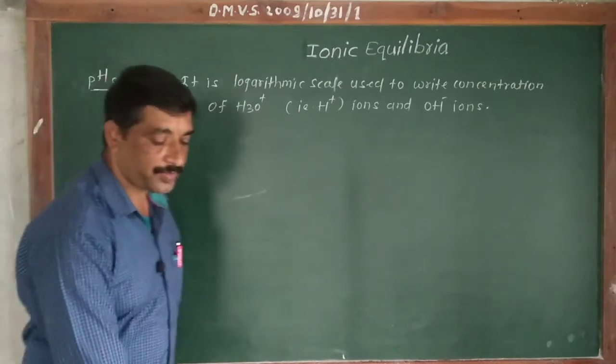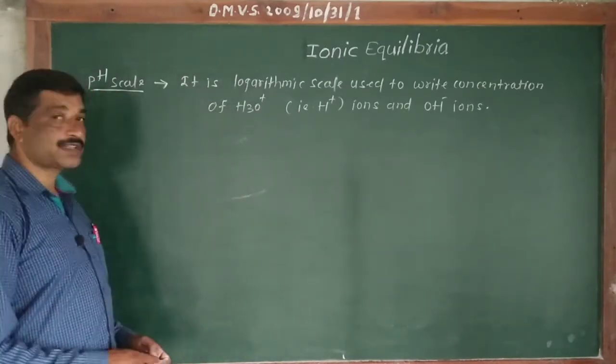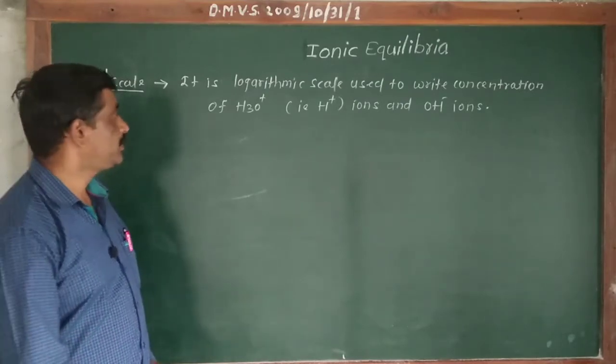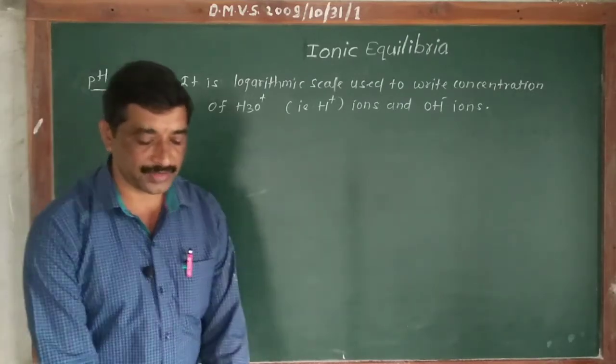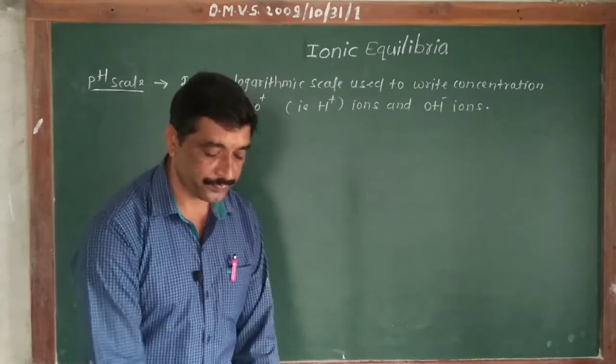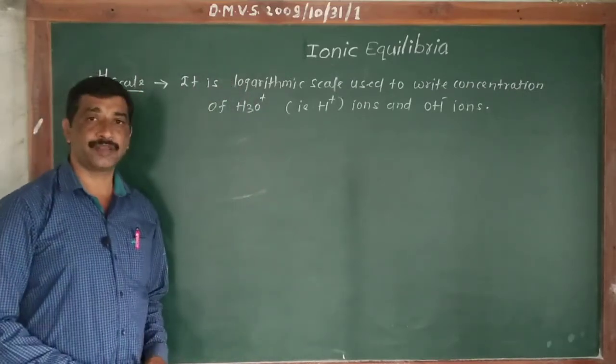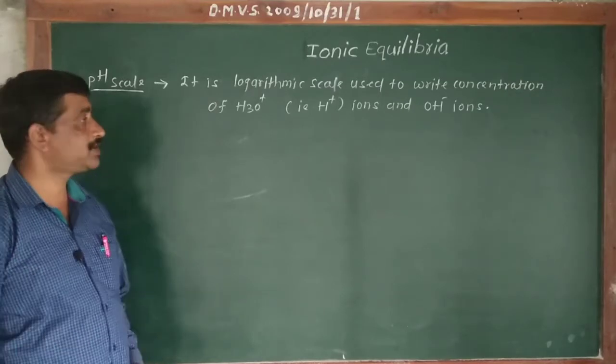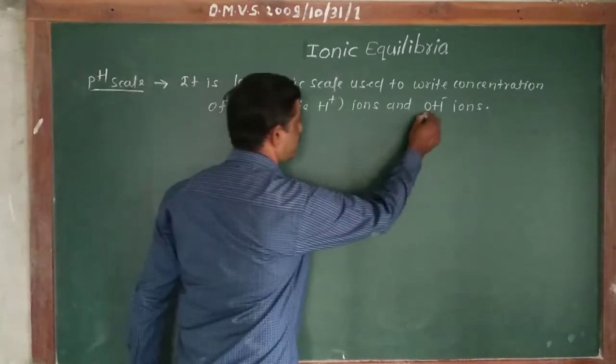The next point of our topic is the pH scale. So what do you mean by pH scale? The pH scale is the logarithmic scale which is used to represent the concentration of hydronium ion, that is H plus ion, and OH minus ions.